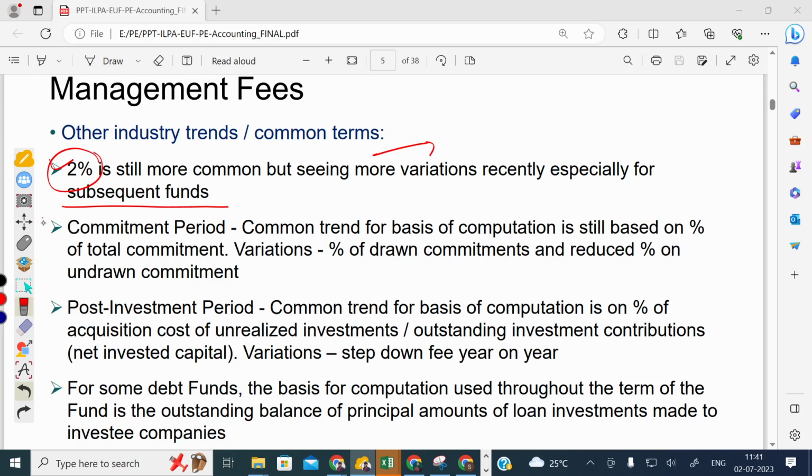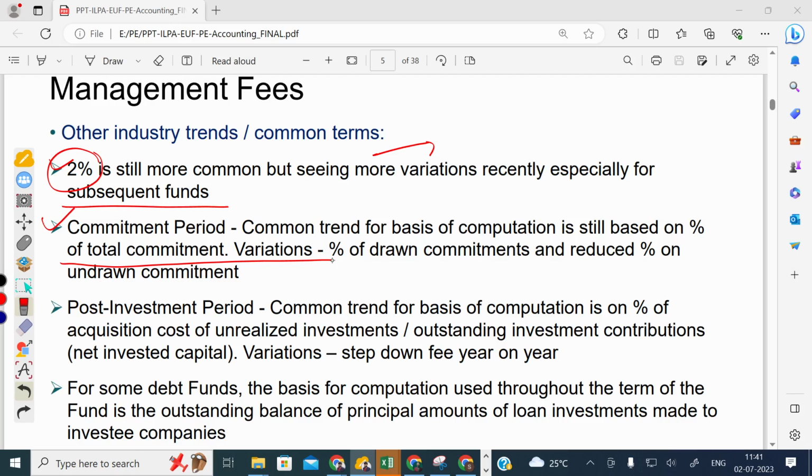Okay. Here, for the commitment period, the common trend is that the basis of computation is still the total commitment. There are variations with a percentage on drawn commitments and a reduced percentage on undrawn commitments.